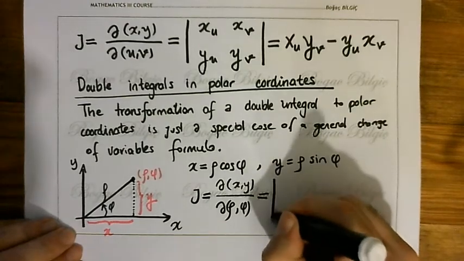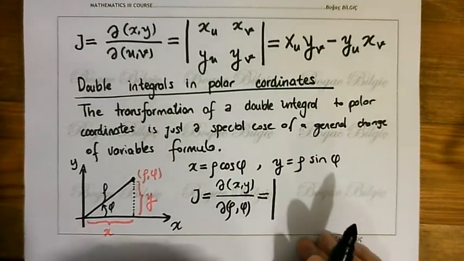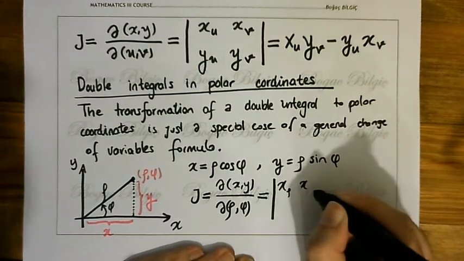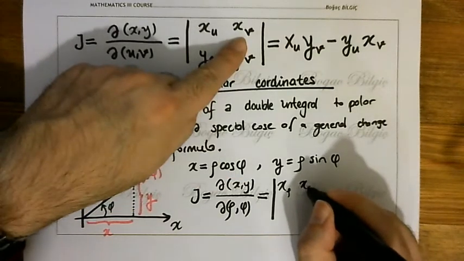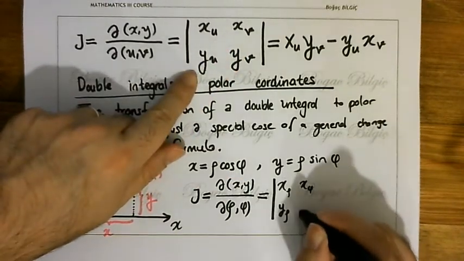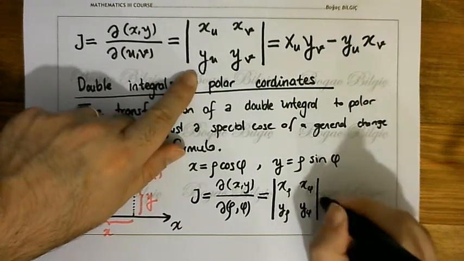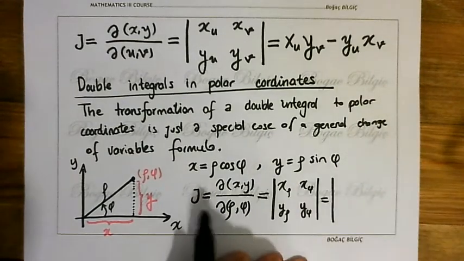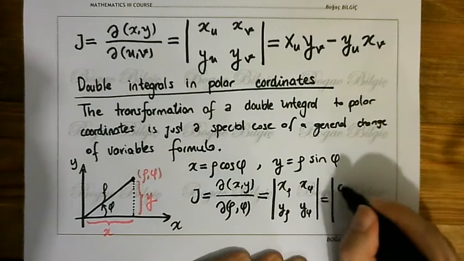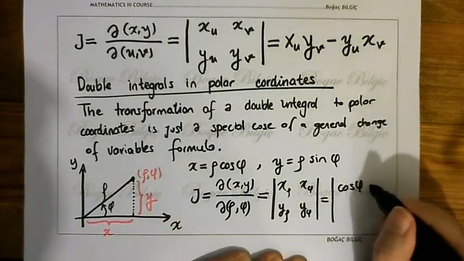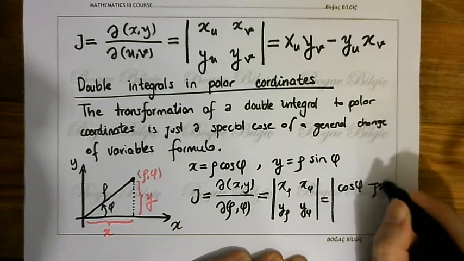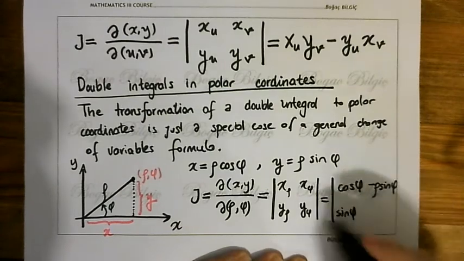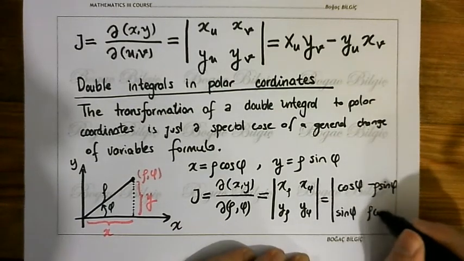So firstly, the determinant with x_rho, x_phi, y_rho, y_phi: cos phi, minus rho sin phi, sin phi, rho cos phi.